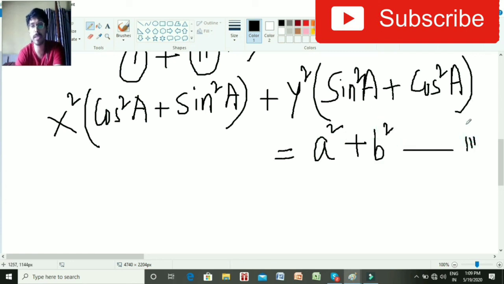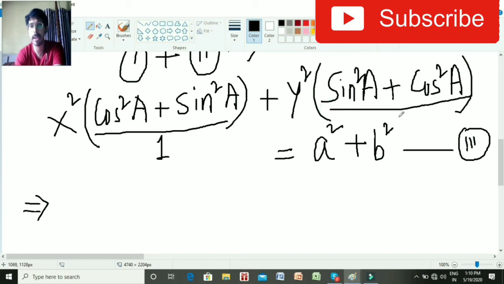Now let us solve equation number 3. This particular identity we know: cos square theta plus sin square theta. Here theta is A, so cos square A plus sin square A, which is 1. Again sin square A plus cos square A is also 1.